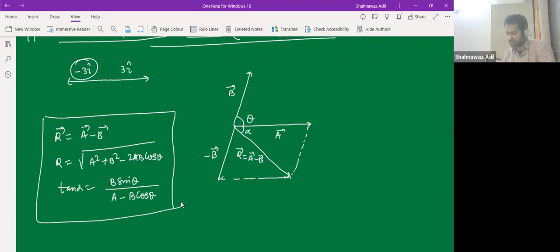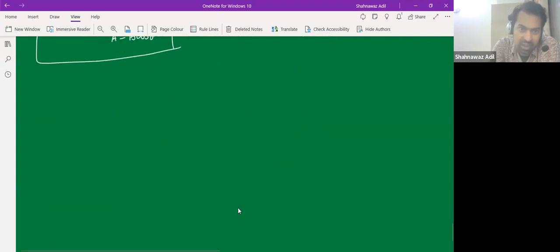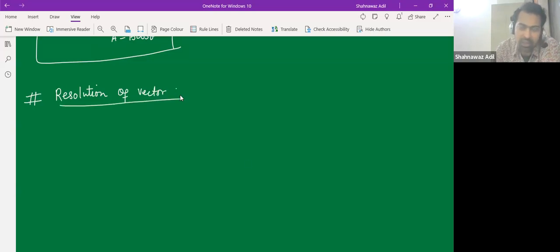And the next thing, which is very important. Always keep this in mind. This is the most important topic, resolution of a vector. Let's say I have the vector in the Cartesian form.